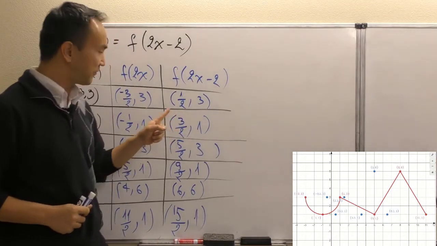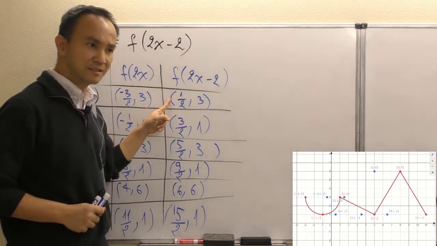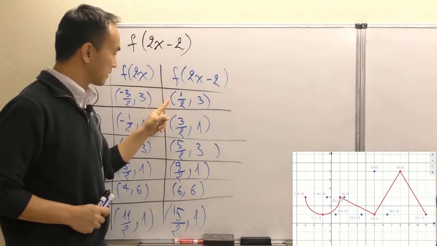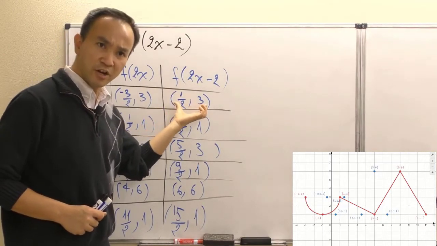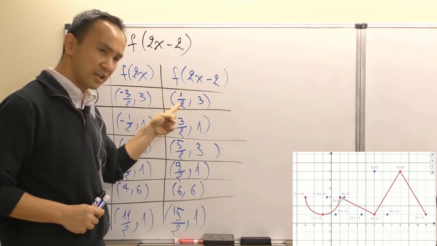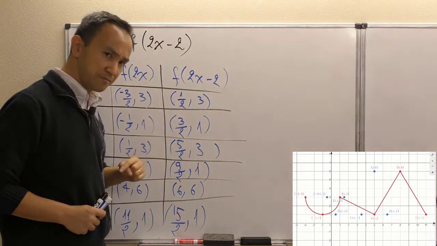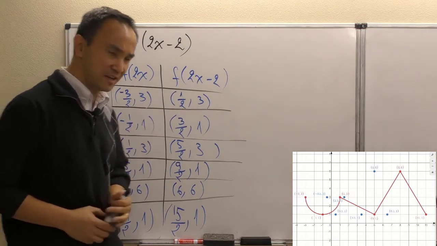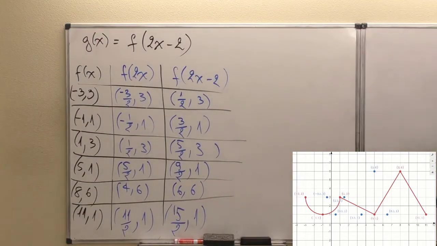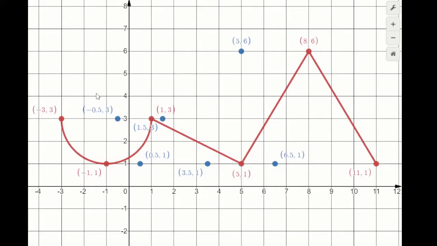The first point here, based on our calculation, should land at 1/2, 3. Look at what's going on with the first transformed point. It happens right at negative 1/2, 3.